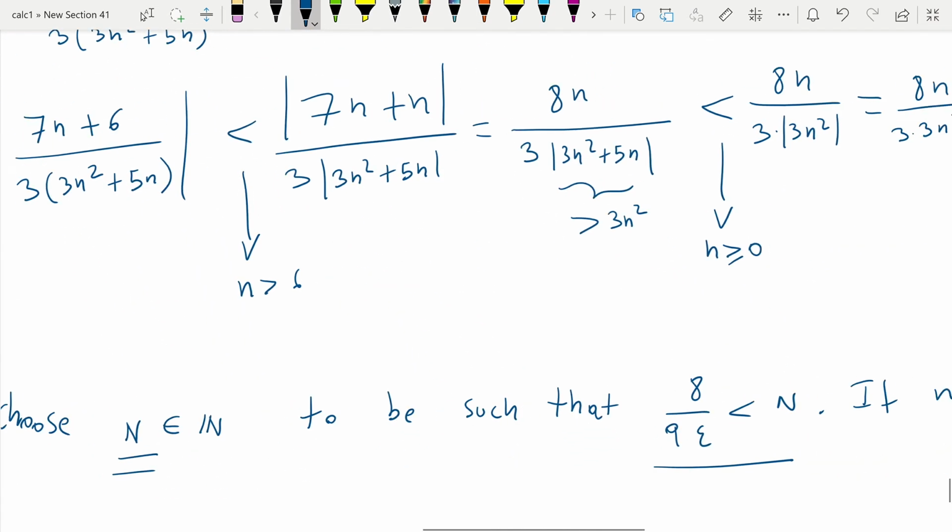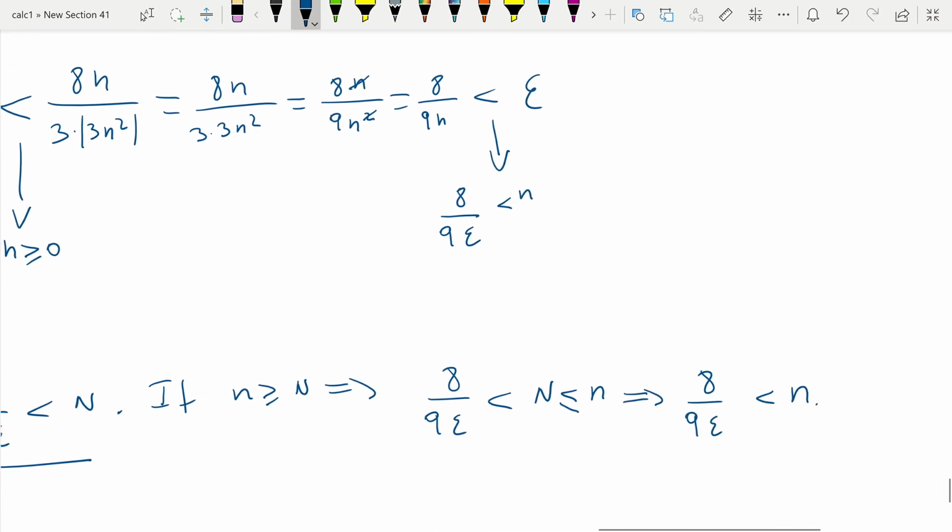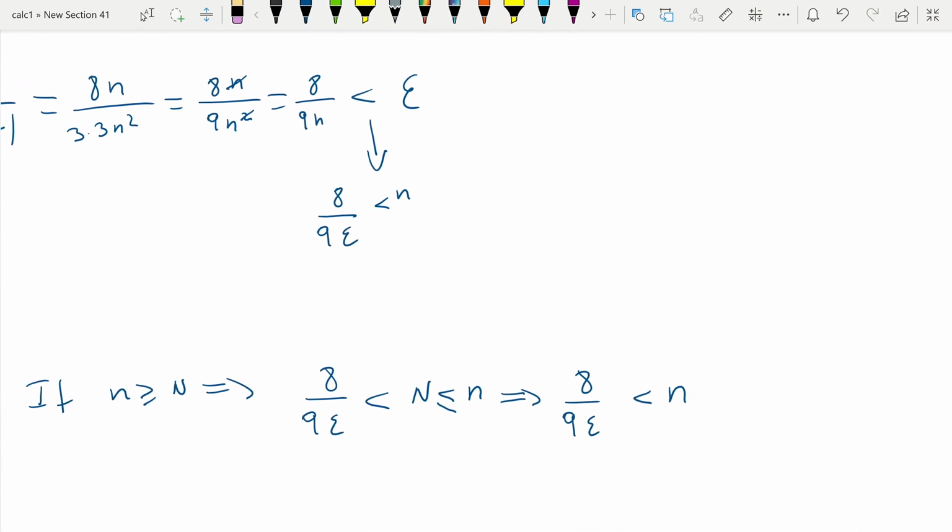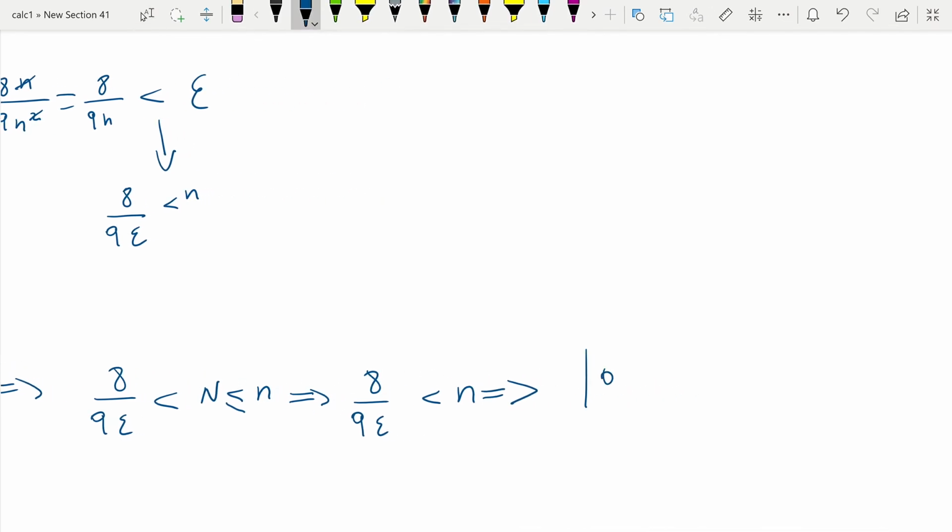So what we've shown, and this implies in turn, that a_n minus 1/3 is smaller than epsilon.